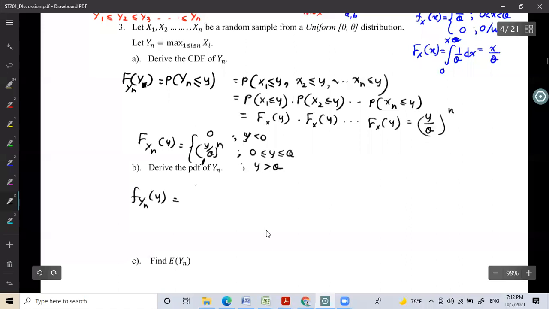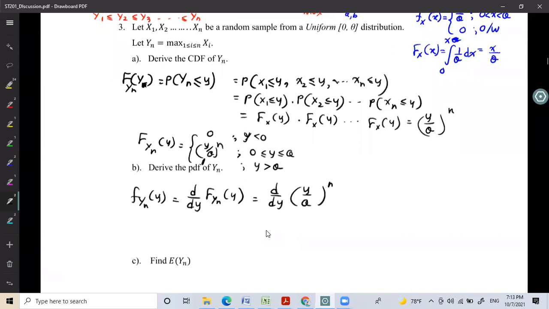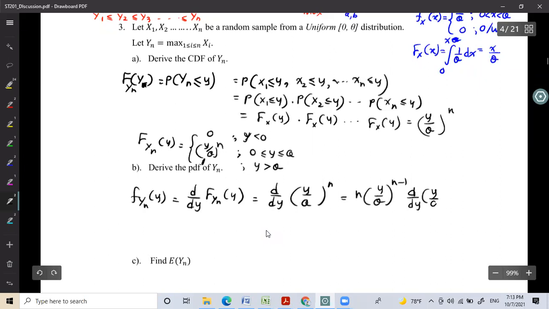How do you do that? Get the first derivative with respect to y. So d over dy of y over theta to the power n. That is it. n times y over theta to the power n minus 1, and then you go inside and get the derivative of y over theta.